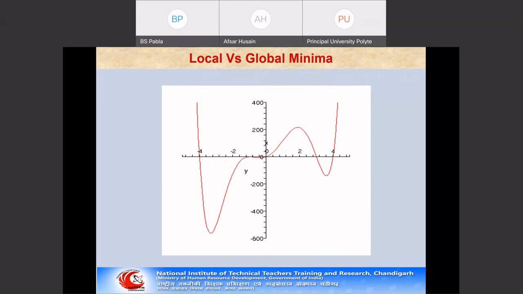But just see the figure. You have a figure which is plotted between -4 to 4 on x, and there are values of y which are varying from, let's say, 400 to 0 to again 400. But if you are somewhere here at +3, a minimum will come.